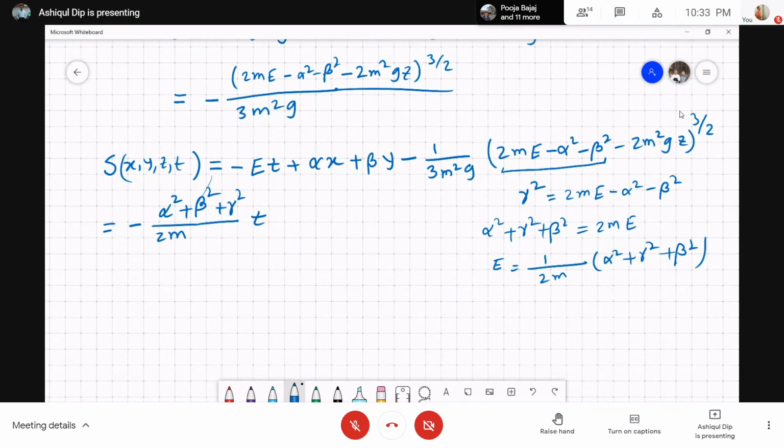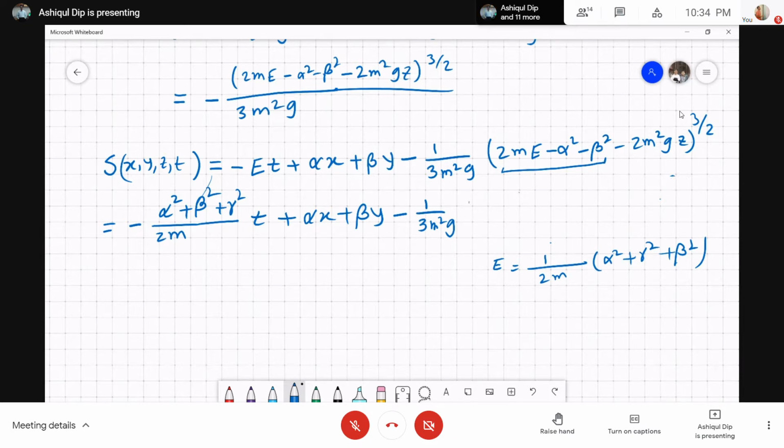Yes. And then plus alpha x plus beta y minus, instead of this whole thing you have just gamma square, right? So 1/3 m square g, then you have gamma square minus twice m square g z, whole to the power 3/2, like that. Do you agree?